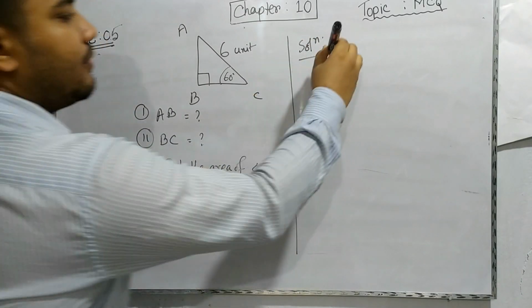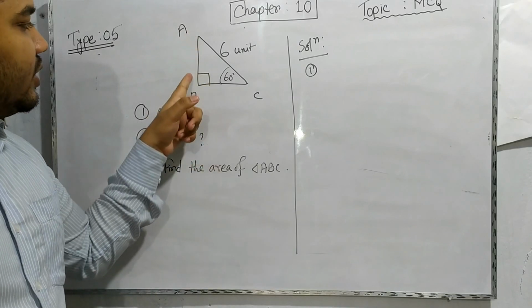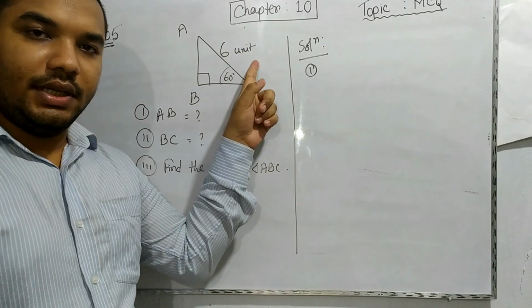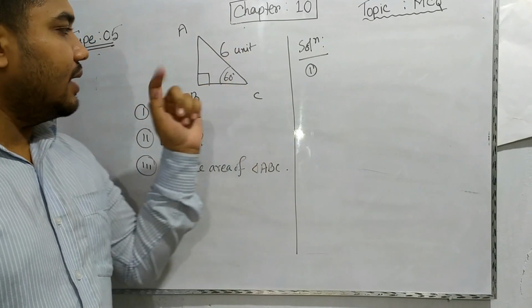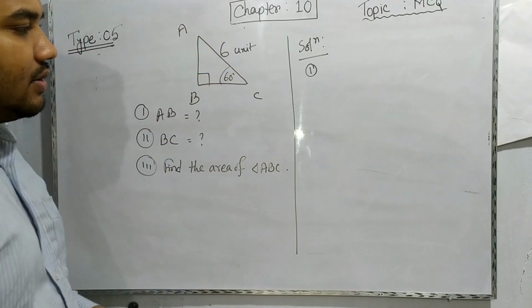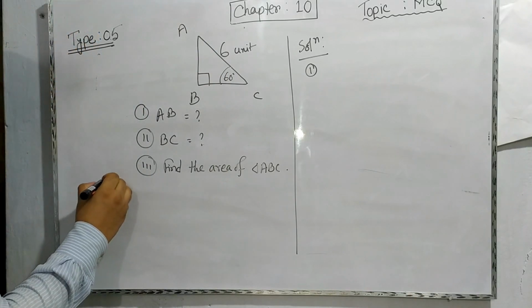Now the solution of the first question. Here we have to find the height, and the hypotenuse is given. So we need to know the relationship between height and hypotenuse. Just for your better understanding, I will give the formulas.